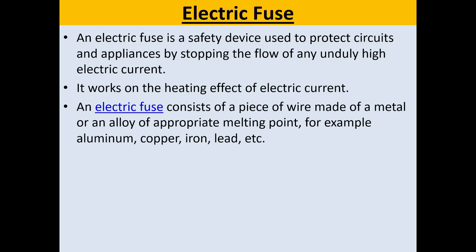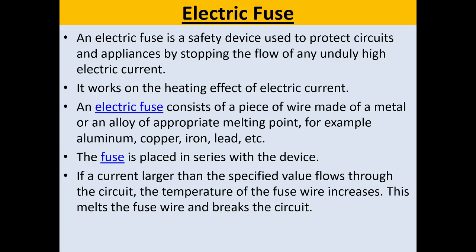It consists of a piece of wire made up of metal or an alloy of appropriate melting point, for example, aluminium, copper, iron, lead, etc. This electric fuse is always placed in series with the device. Whenever a current larger than the specified value flows in a circuit, the temperature of the fuse wire increases because of the heating effect of electric current, and this melts the fuse wire and breaks the circuit. That's why we say that the electric fuse is a safety device.